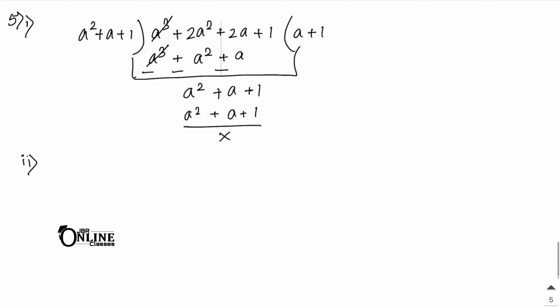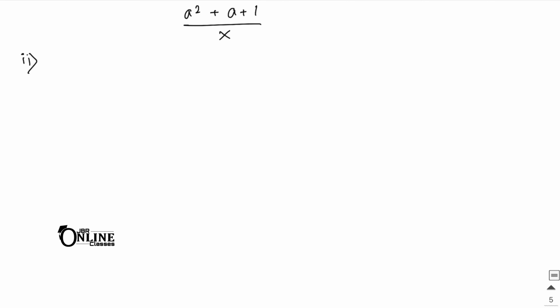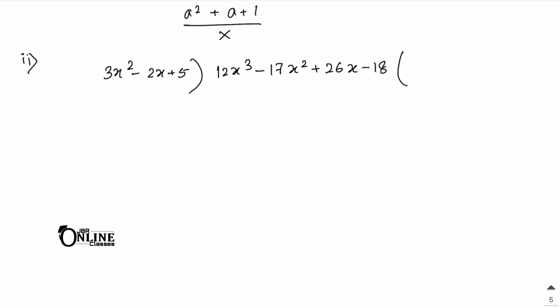Next, number 2. Here in number 2, you have 3x square minus 2x plus 5 as the divisor, and 12x cube minus 17x square plus 26x minus 18 as the dividend. So 3x square, and here 12x cube.